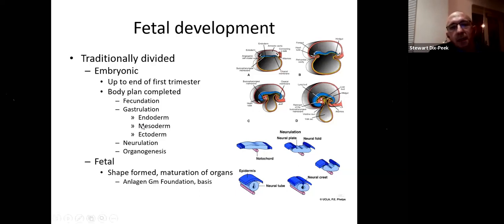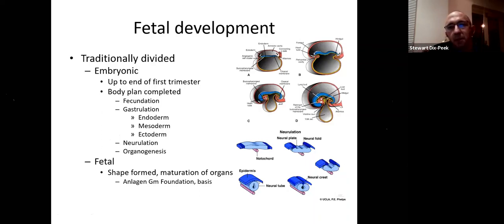At the same time, just after gastrulation is neurulation, so you have an anterior folding to get a gut, basically, and a posterior folding to get your neural tube. This becomes important because, for example, myelomeningocele is often associated with hydrocephalus.